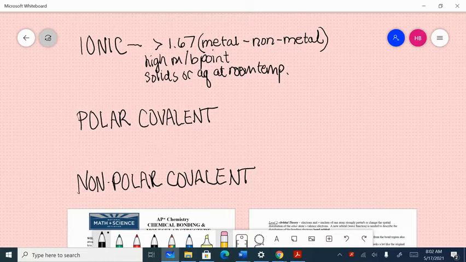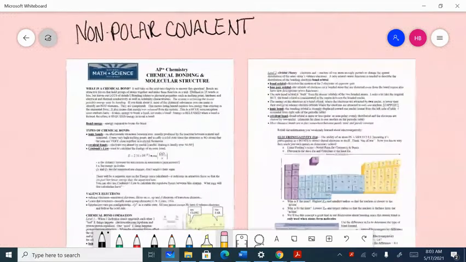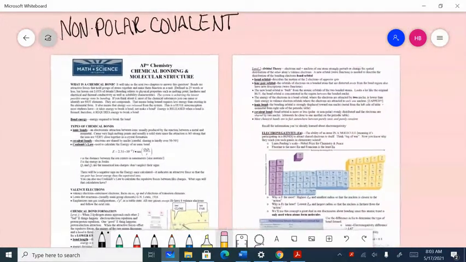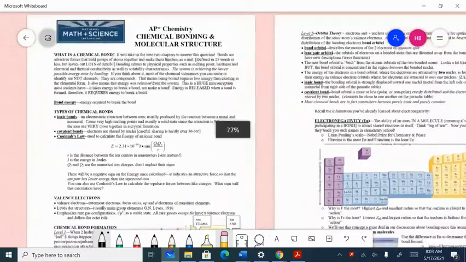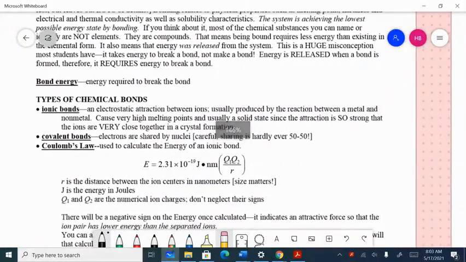And remember, lattice energy is the energy required to separate a mole of ionic solid into gaseous ions. Now, I'm going to go down here and show you Coulomb's law, which is how we describe lattice energy. So E equals K. This is my constant K. And these are the numerical charges on the ions.